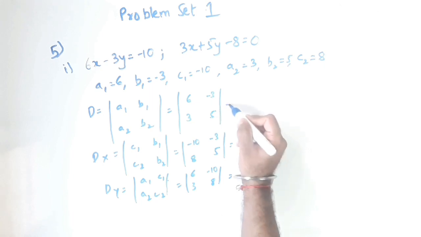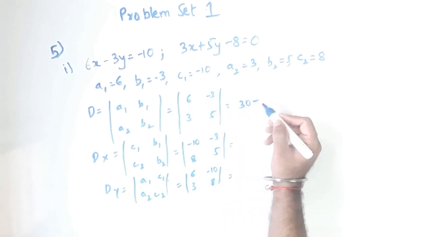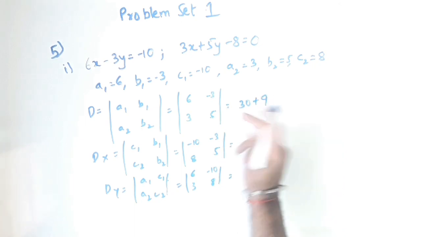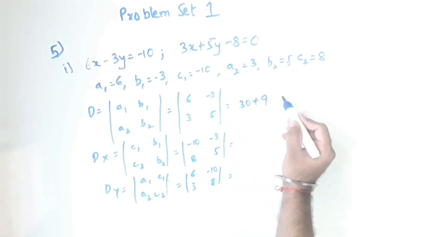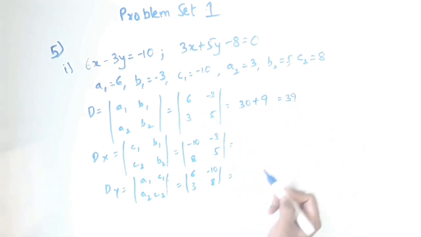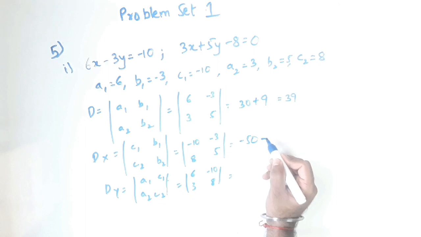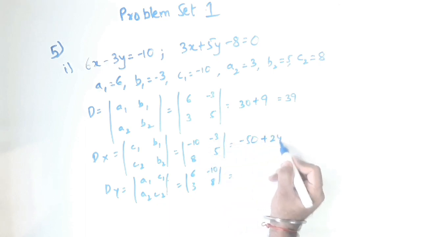Then this becomes 30 minus, what is this, 9. So minus 9, this will become plus 9, because minus 3 into 3 is minus 9, minus minus plus, so this becomes 39. Now let us see what is this. This is minus 50, 10 5s are 50, minus 24, I'll write plus 24, because minus minus becomes plus.